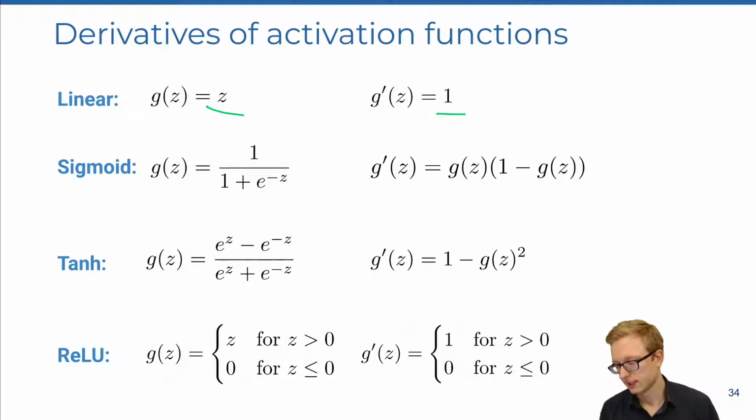Then there's the sigmoid activation function, and the derivative of that has this nice form, that it can be defined through the sigmoid activation function itself. So it's just the sigmoid times 1 minus the sigmoid. Similarly with tanh, the derivative of tanh is 1 minus tanh squared. And for ReLU, the derivative is 1 if z is greater than 0 and 0 otherwise.